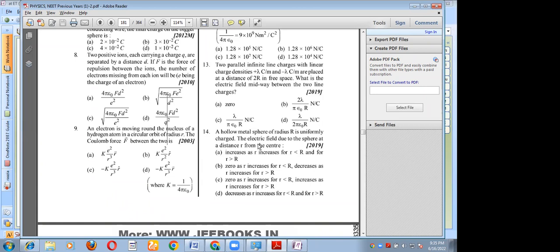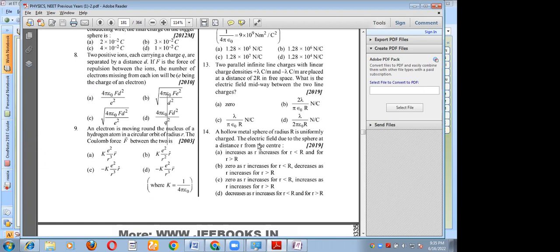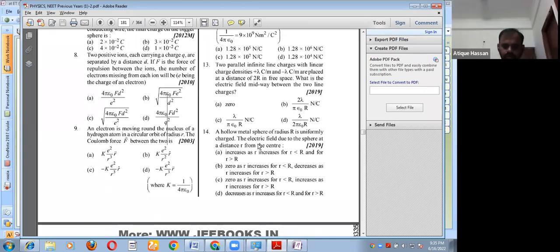Sir, can we apply Gauss law here? Yeah, somehow you are going on the right track. So we can apply Gauss law here.